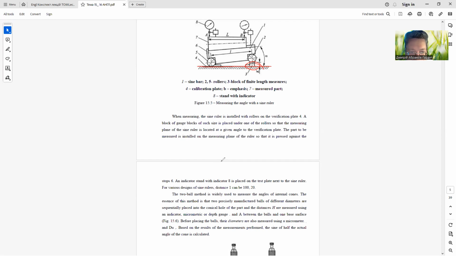So that the measuring plane of the sine ruler is located at a given angle to the verification plate. The part to be measured is installed on the measuring plane of the ruler, so that it is pressed against the stops 6.